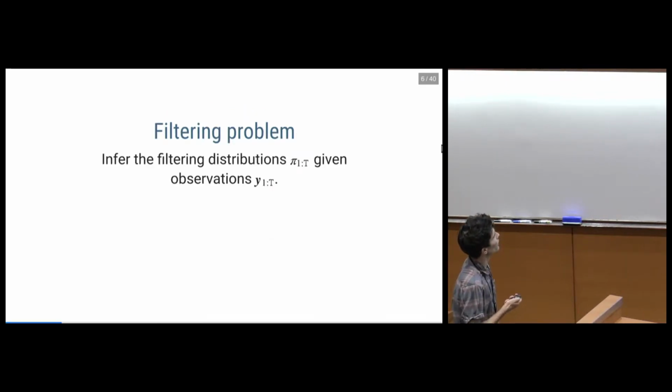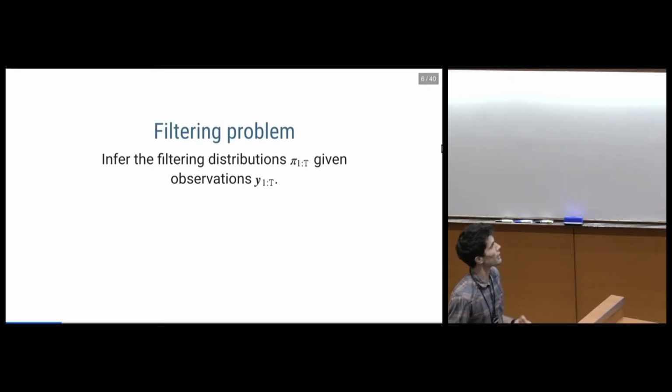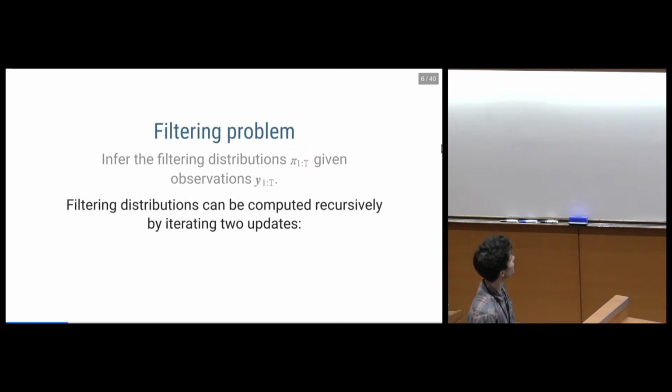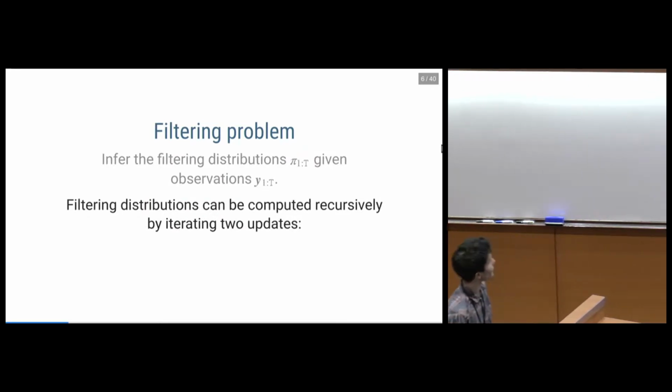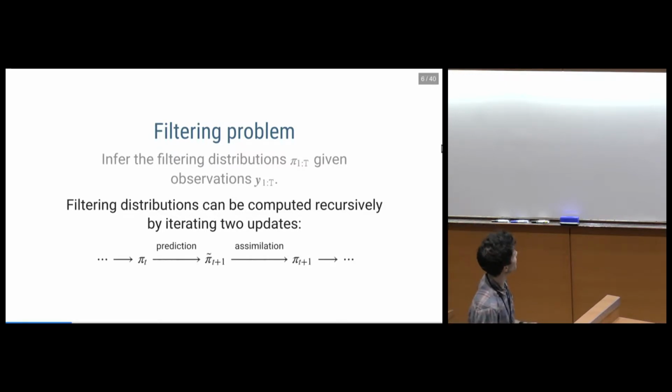So succinctly, what is a filtering problem? Well, it's the task of trying to infer each of those filtering distributions given a set of observations. And generally, as I said, we will try and do this in an online manner. So the basic idea underlying all of the methods that I'll talk about here is a recursive update to our approximation to the distribution.